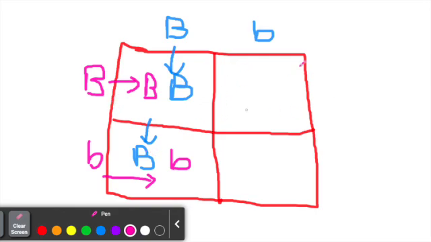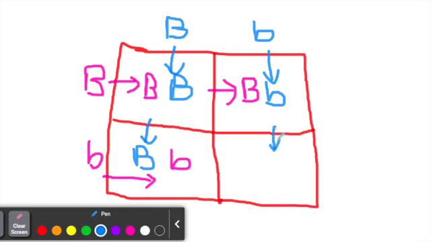Now, for the next square, you're going to bring the B over for the mother again. And then for the father, you bring this B down, and it will go right there. Then with this one, you bring the father's allele down first, and it really doesn't matter which one goes first.